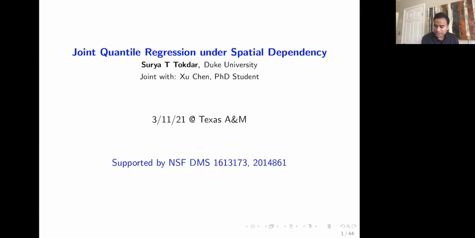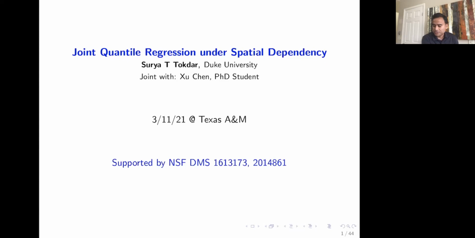The work Shu and I have done is on the spatial dependency part of the joint quantile regression, and we are working on generally thinking about dependency within the quantile regression framework, spatial or other kind of dependency. But in this talk I'll give quite a bit of an overview of the joint quantile regression part as well, because I think part of it is familiar to you, but there are other things about it, maybe more of a perspective that could be new.